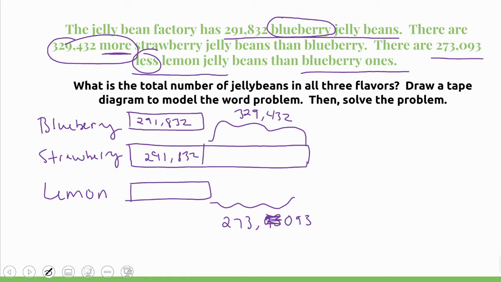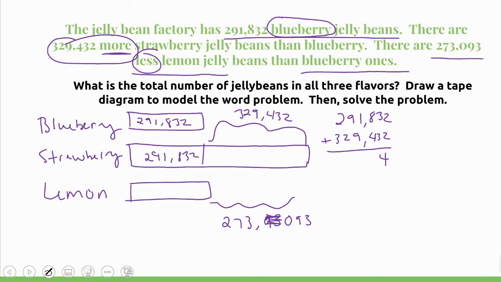291,832 of the blueberry. Now, to figure out how many strawberry we have, we need to figure out what 291,832 plus 329,432 is, because that would be the total for the strawberry.